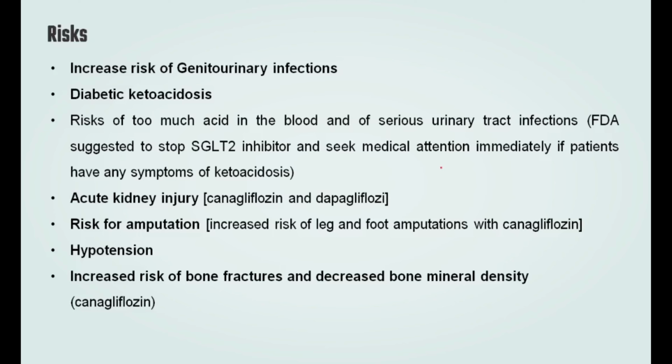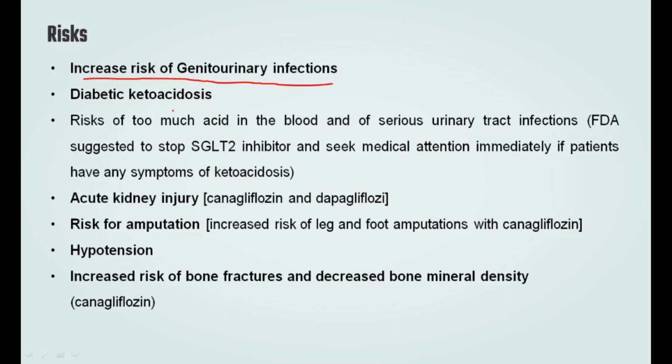But as we have told, this is a newer class of drug, and there are different reports that they might cause the risk of different infections and other conditions. Like, with this type of drug there is an increased risk of genitourinary infection with SGLT2 inhibitors, and risk of diabetic ketoacidosis.